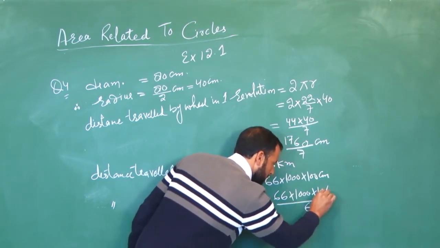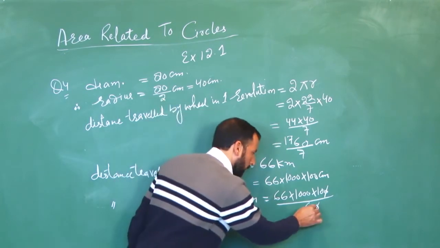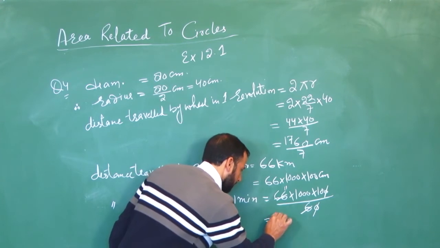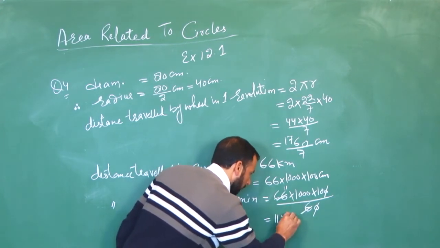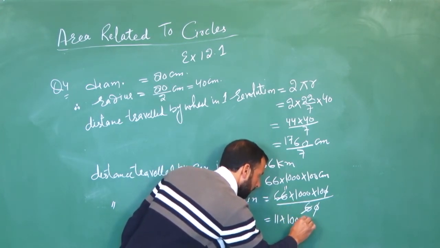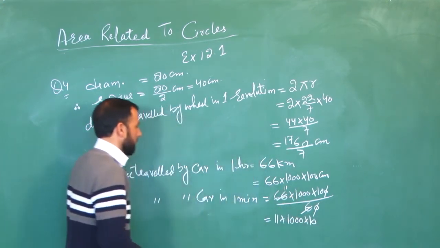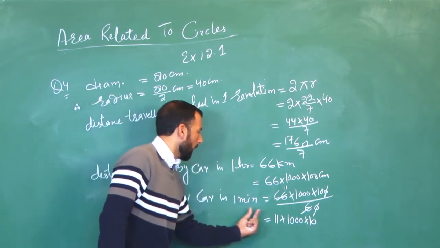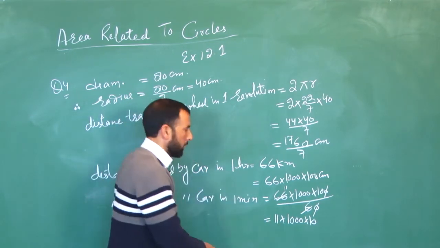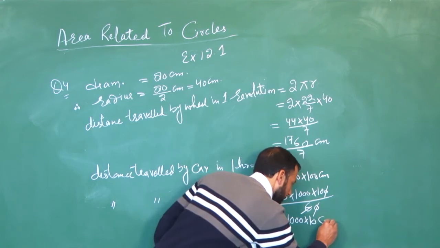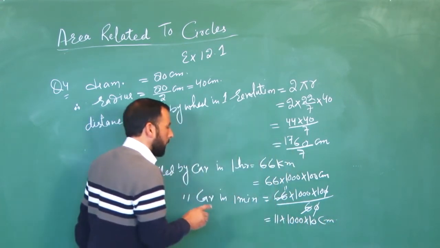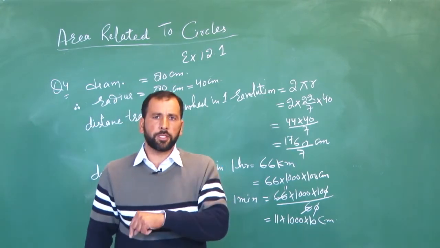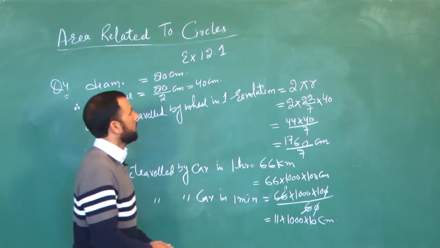Clearly this 0 and this 0 cancel, then 6 and 66 gives 11. We get the result 11 into 1000 into 10 centimeter, the distance covered by the car in 1 minute. Then what is the distance covered by the car in 10 minutes? That is multiplied with 10.